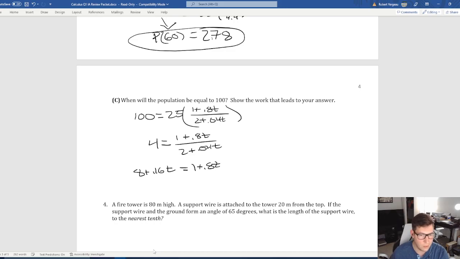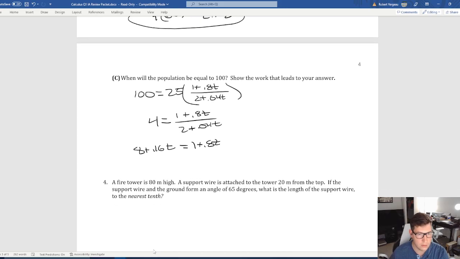For the sake of time, I am just sort of quickly going through this. From here, again, solving for t. Yes, we have decimals, but it's still just algebra. Subtract 1. 7 plus 0.16t is equal to 0.8t. Subtract 0.16t from both sides.